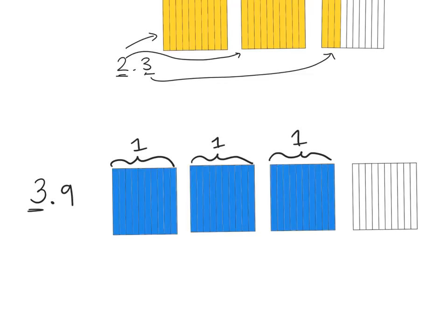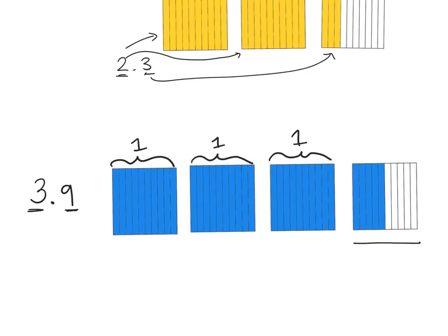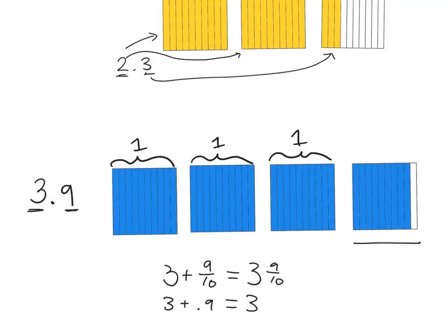And there's 3 wholes. Next I need to represent the 9/10 in the area model as well. For this last whole, I'm only going to be shading in 9 of the equal parts. So I still have one that's unshaded. That shows me that I have 3 wholes plus the 9/10, and this equals 3 9/10, or the decimal 3.9.